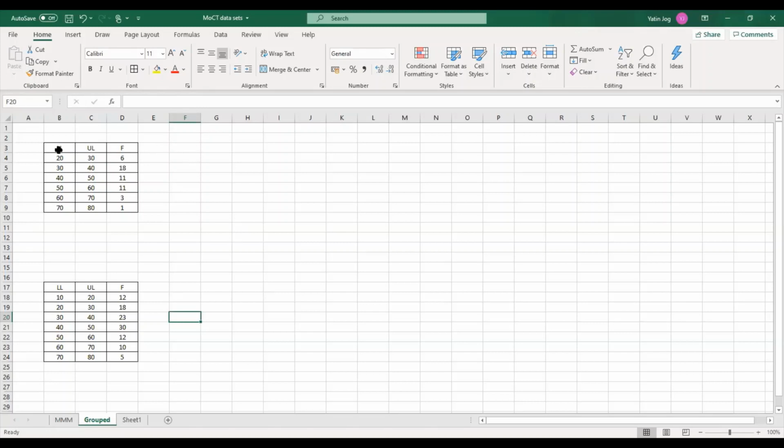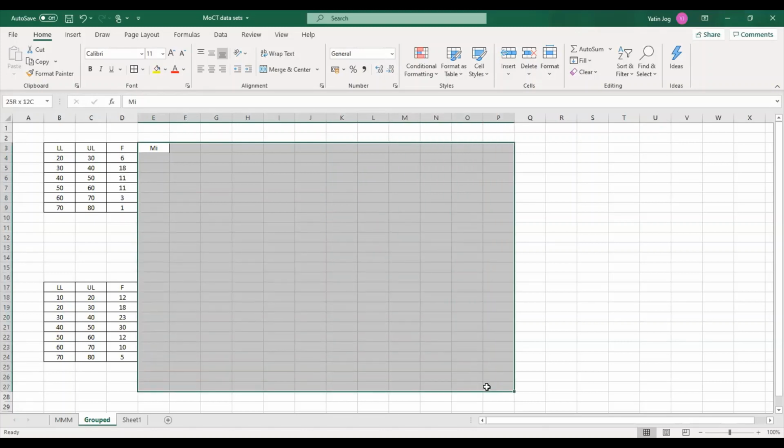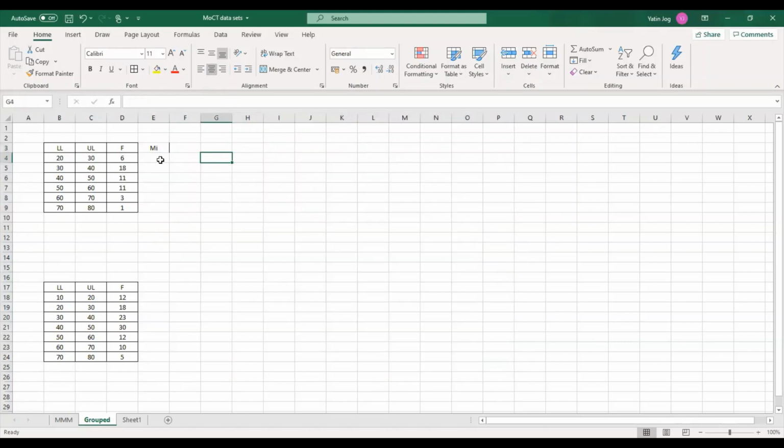Now this is group data. If you want to calculate mean, what is the formula for mean for group data? It is summation of Fi into Mi, that is my numerator. So first of all I have to calculate the Mi, which are the class midpoints. So how to calculate class midpoints?